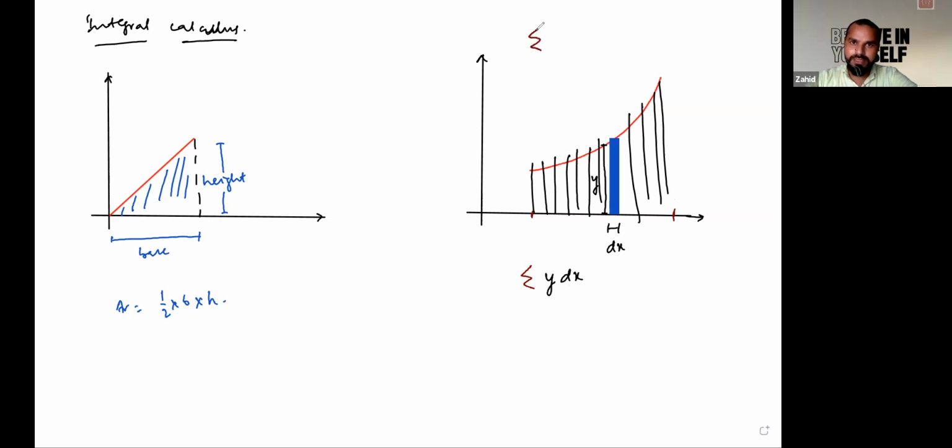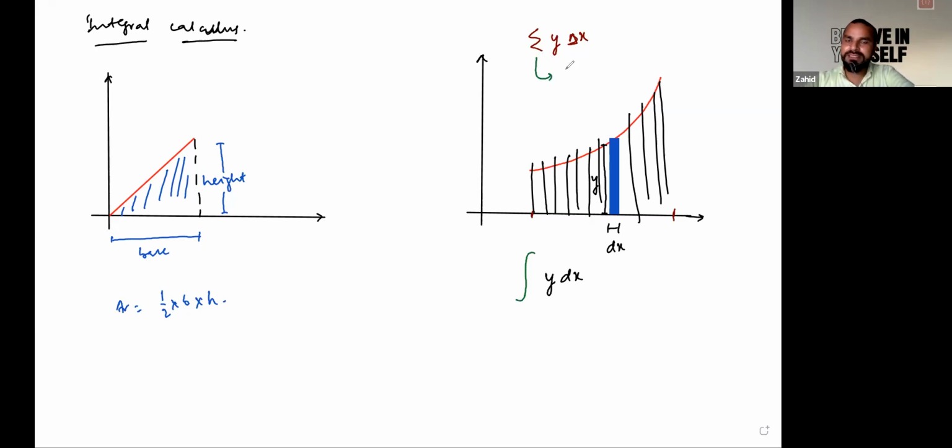That means whenever we use sigma, it means y times delta x, where delta x is a change with some significant value. But if the change is infinitely small, dx, then this sigma gets transformed to another symbol like this way.